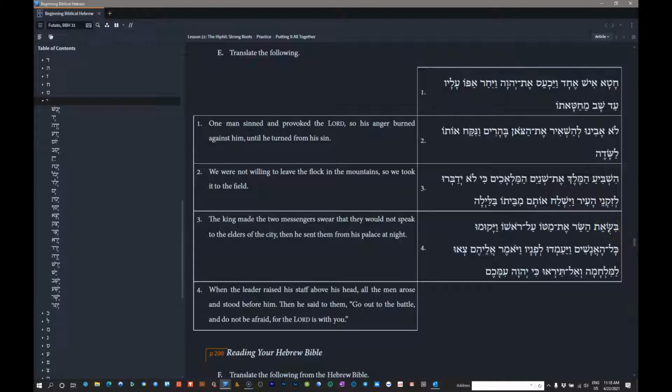That doesn't make sense in English, but luckily this bet preposition here tells us that we should probably translate this infinitive as a dependent clause. So either by taking up his staff or by lifting up his staff, but we also have to get the ruler or the prince in here. So it could either be by lifting up his staff, and then we've got al rosho, over his head.